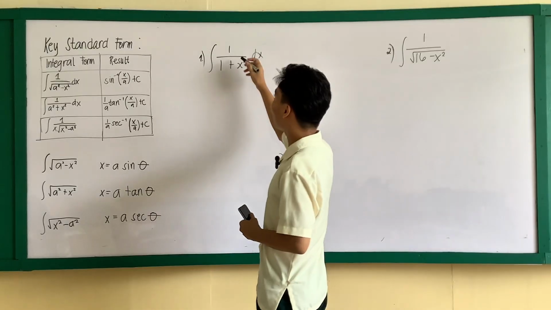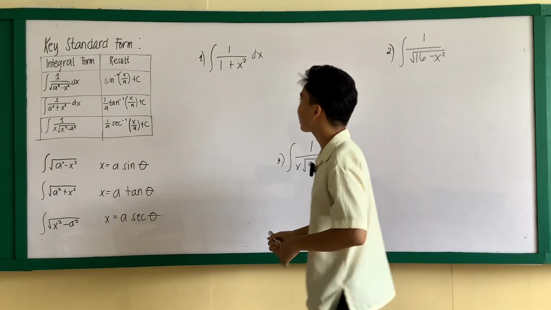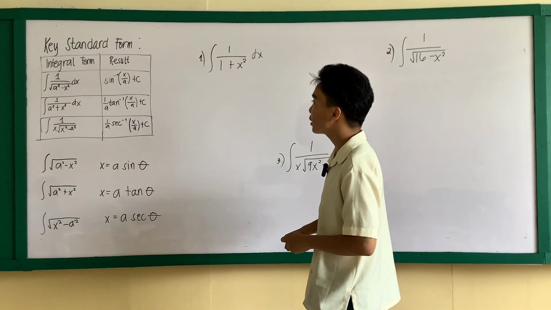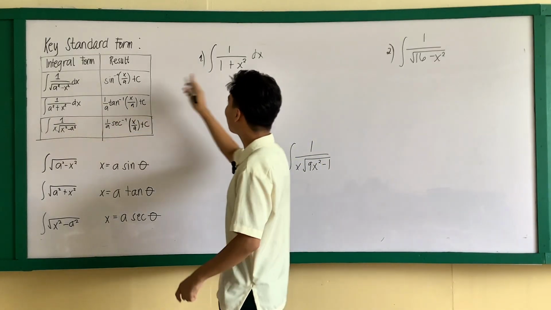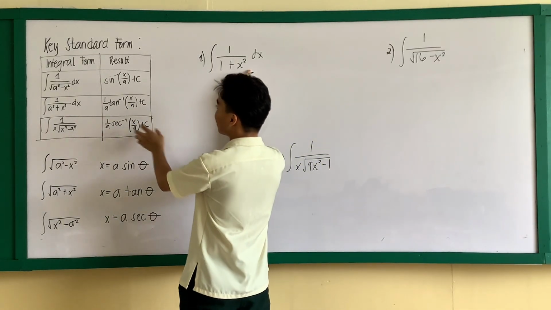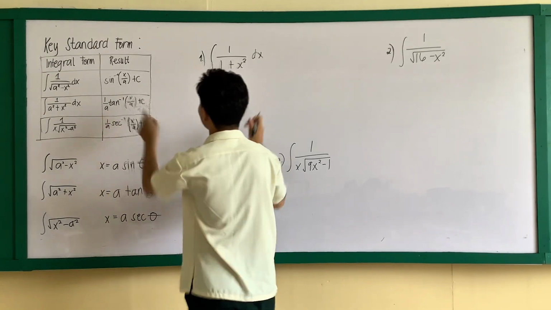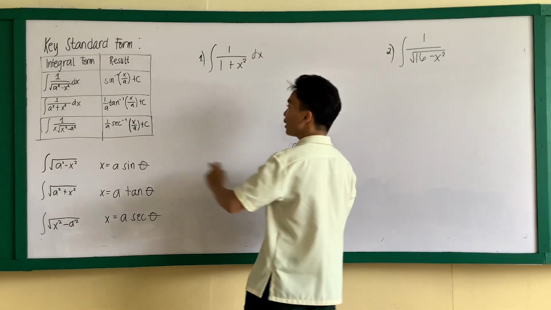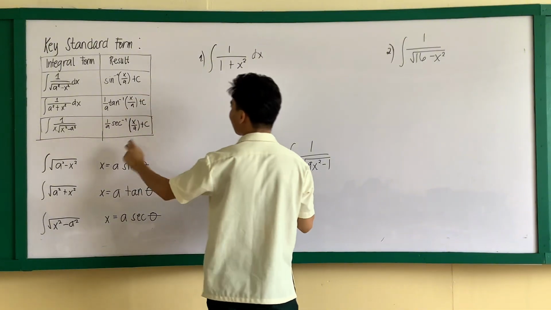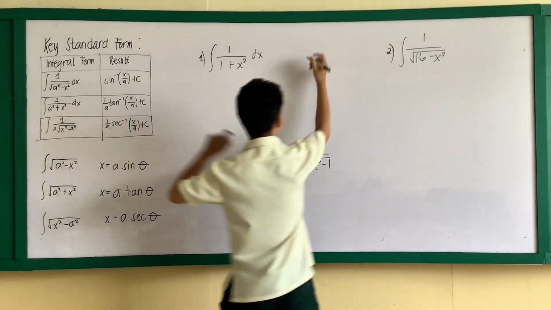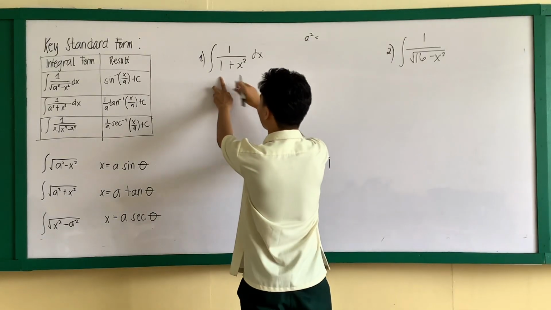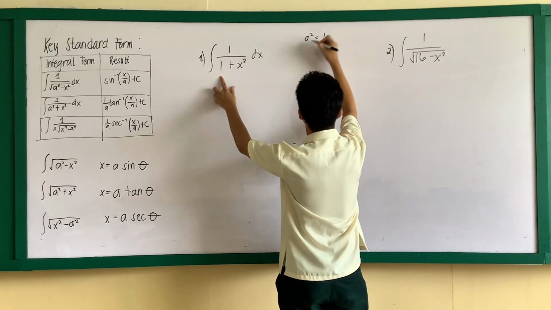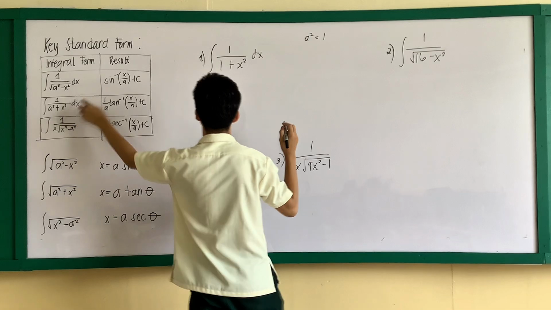The integral of 1 over 1 plus x squared dx. So as you can see, it matches this integral form. So we can directly substitute this into this result. But first we have to find the value of a and x. Since we have to find the x squared first, a squared is equal to the constant 1. Next is the x squared, which is this one.